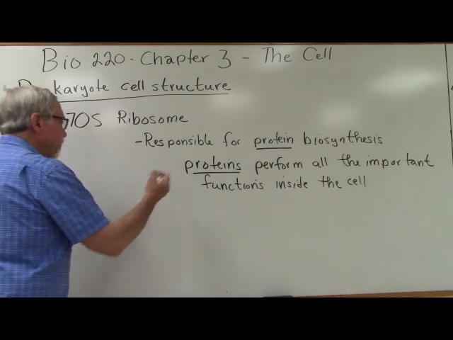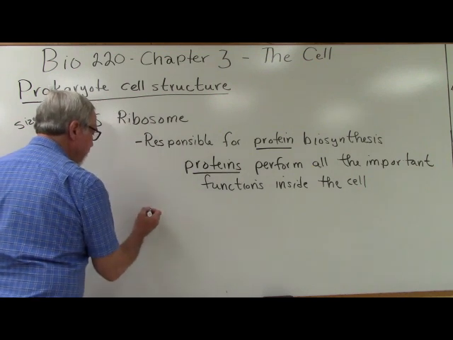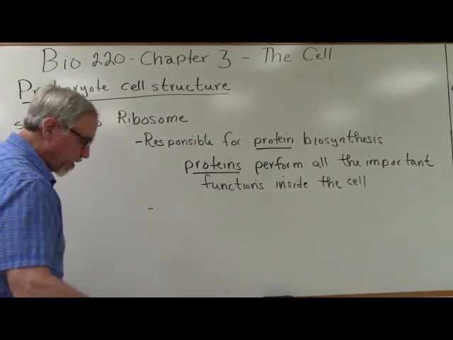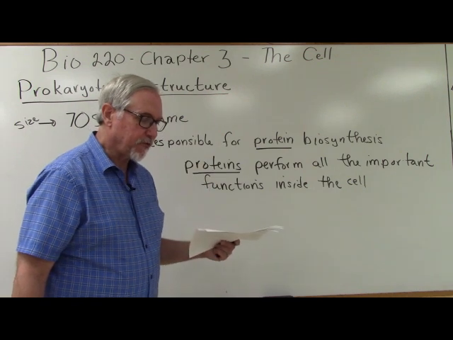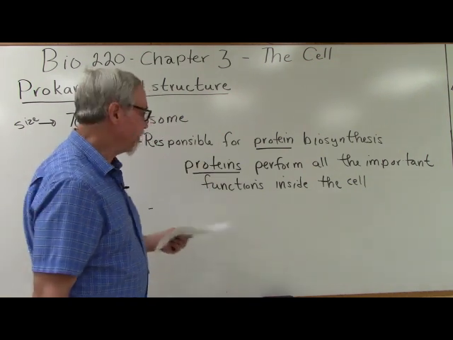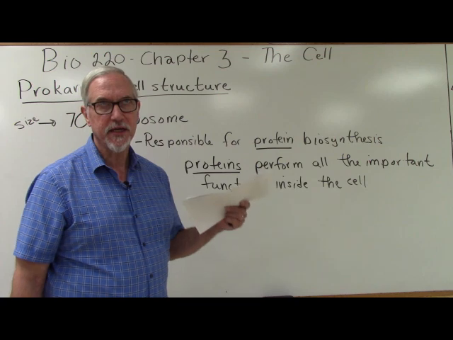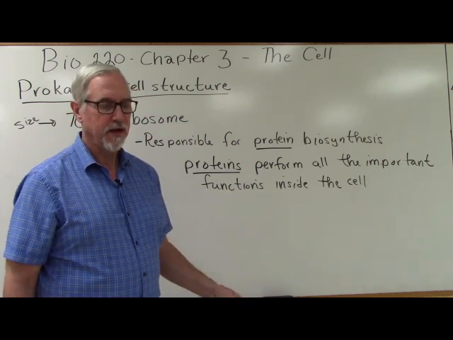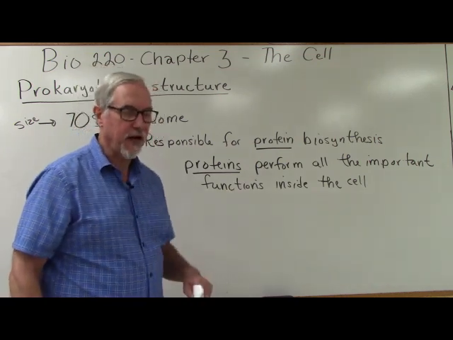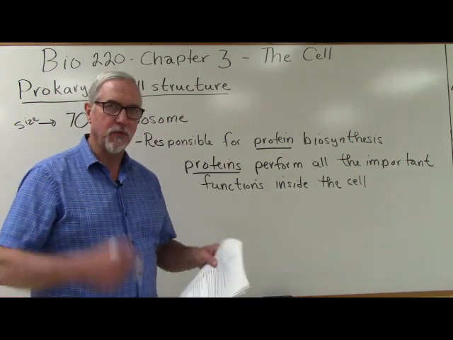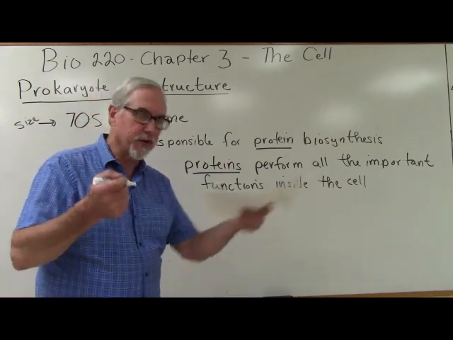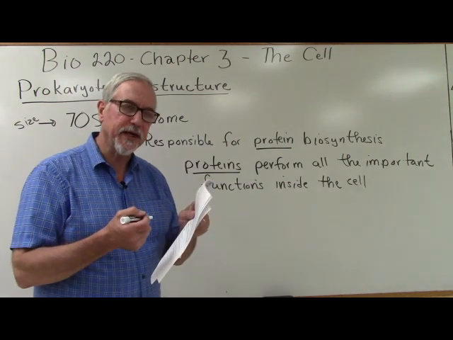Now, the way you make proteins is you have to have an instruction for assembly, because proteins are made out of single amino acids. There are 20 different amino acids. All right, so how do you decide the order of assembly in terms of whether you add one specific amino acid, and then which one of the 20 do you pick to put in after that?